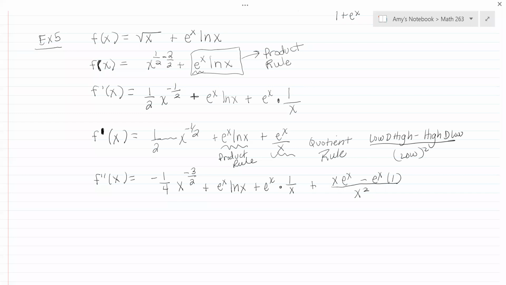I'm not really sure how much more you can reduce this. If you wanted to clean it up a little bit, it would just be negative 1 over 4, you could do x to the 3/2 in the denominator here, plus e to the x ln of x, plus e to the x divided by x, plus x e to the x minus e to the x over x squared. There's really not a whole lot you can do there. You can leave it like that.